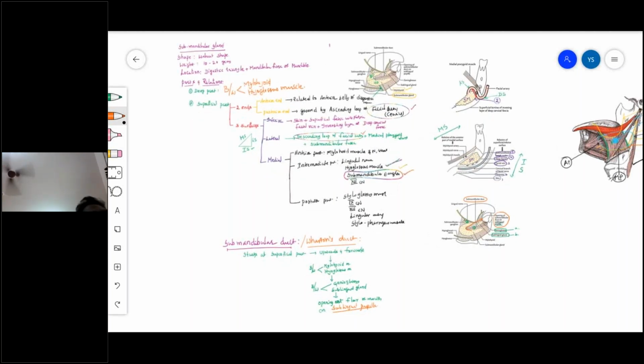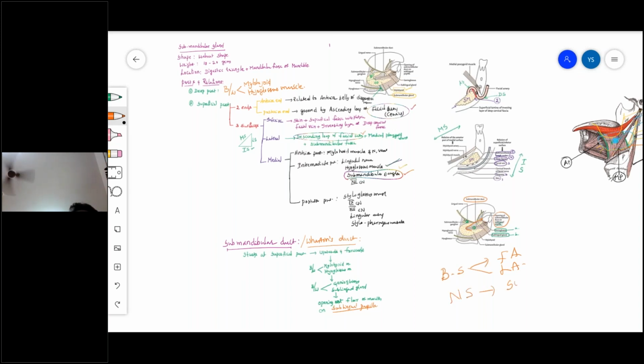And finally, the blood supply and nerve supply. Blood supply is by the facial artery and the lingual artery, venous drainage by the lingual vein and facial vein, and lymphatic drainage into the submandibular lymph nodes. Then what is the nerve supply?